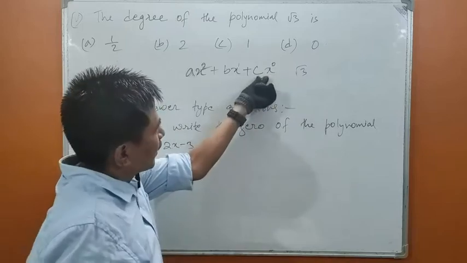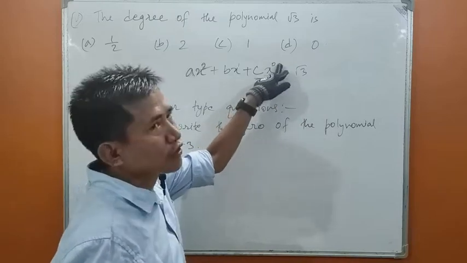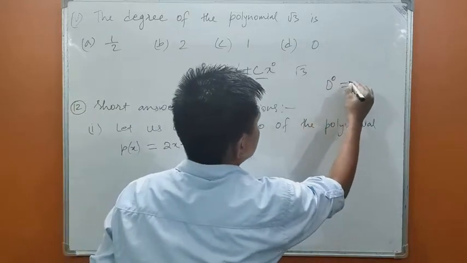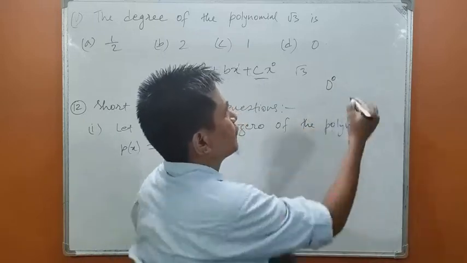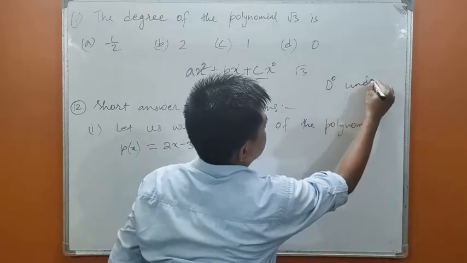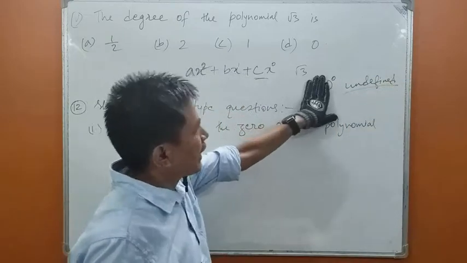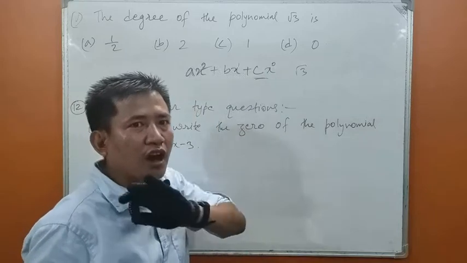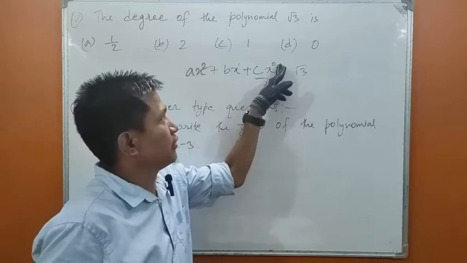Anything to the power 0 except 0 is 1. 0 to the power 0 is undefined. Please keep that in mind.